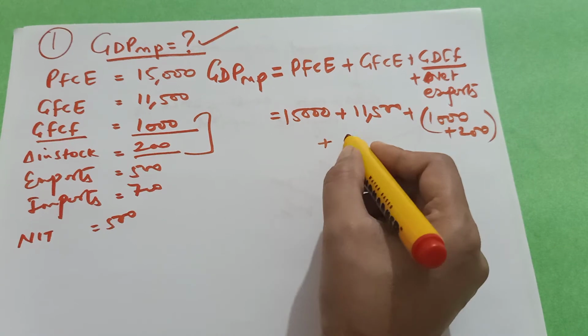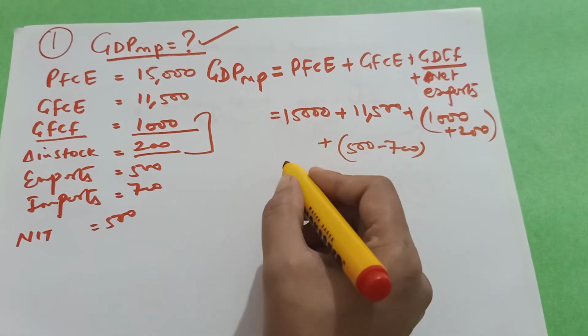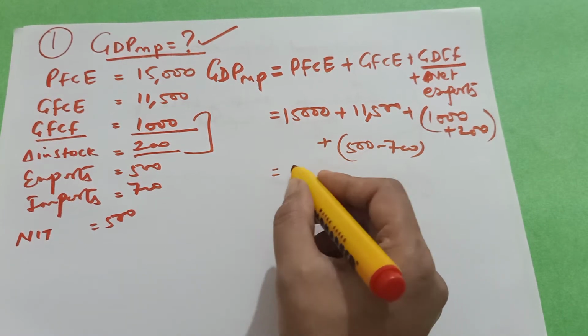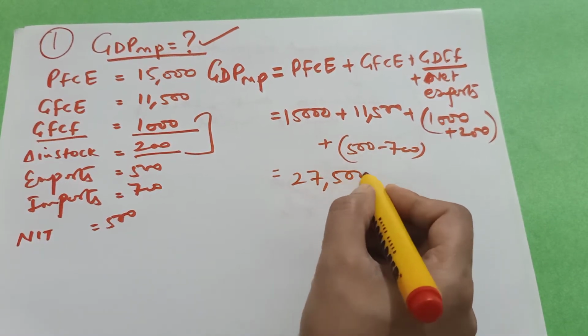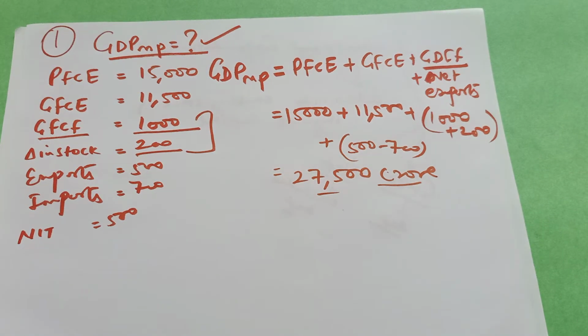Net exports is exports minus imports, so 500 minus 700. So your answer will be 27,500. If the value is given in crores, you have to write in crore. If the value is given in lakhs, you have to write in lakhs.